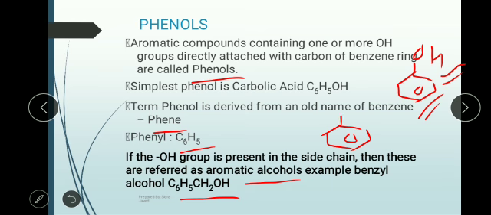But if it is in the side chain, like CH2OH, it is attached with CH2, not directly. If it is indirectly attached to the ring, then this type of compound is known as benzyl alcohol.